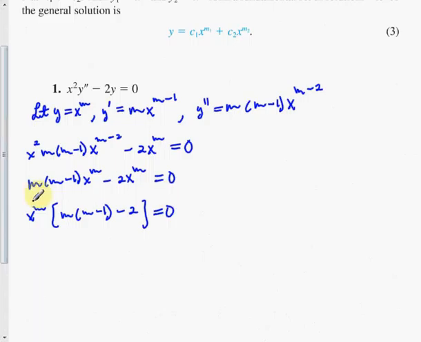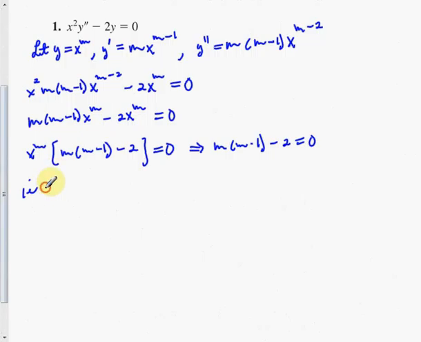We said that the solution is on the interval from 0 to infinity, open at 0, so x to the m cannot equal 0. So this implies then that m times m minus 1 minus 2 is equal to 0.